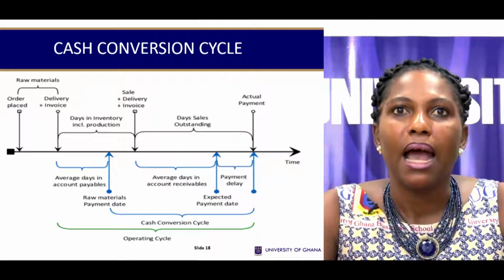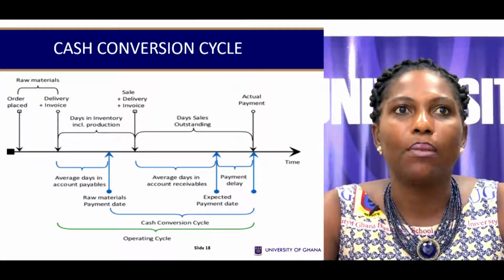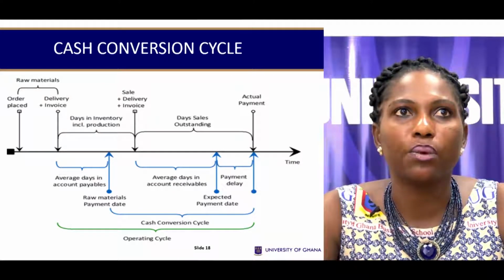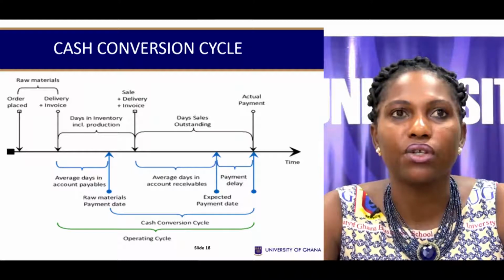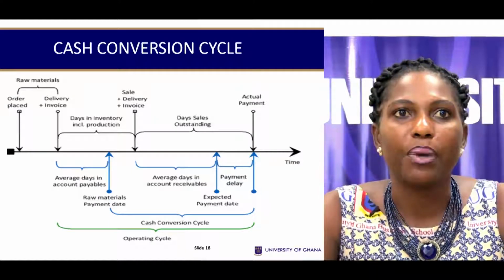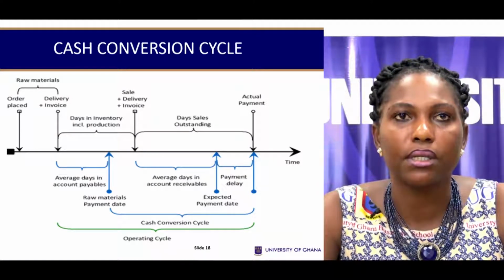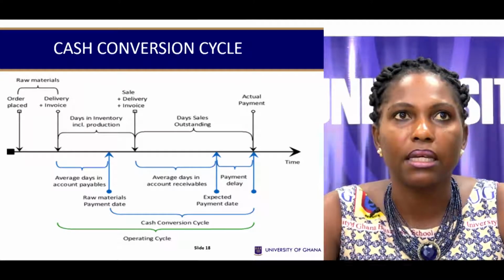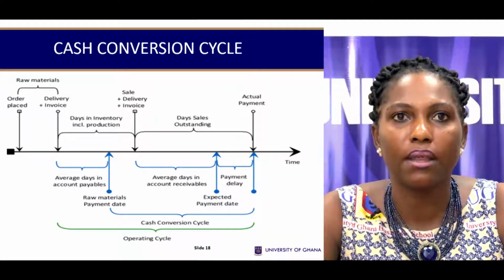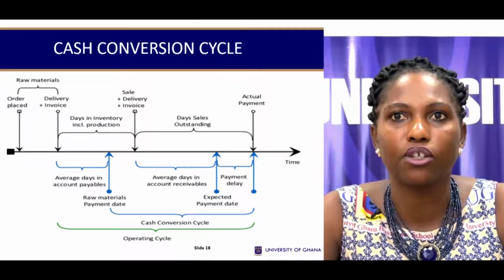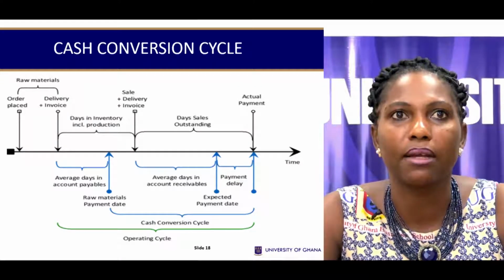So the operating cycle starts, as you can see in green here, from the time of delivery of the goods in the warehouse up until the actual payment. That's the operating cycle.